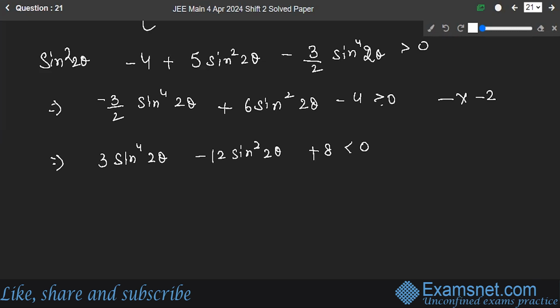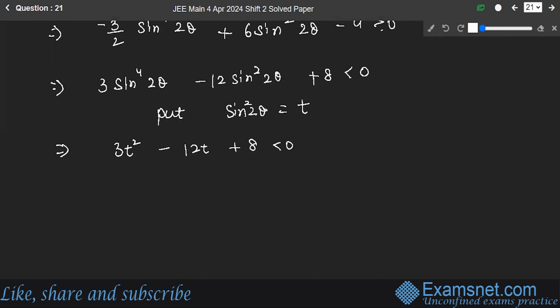Okay. So now again, this is a quadratic equation. If I put sin²2θ equal to some t, this will be given by 3t² minus 12t plus 8 is less than or equal to 0, right? So now it's quite easy to understand. Now t will be given by, I hope you know the quadratic formula, minus b plus minus root of b² minus 4ac upon 2a.